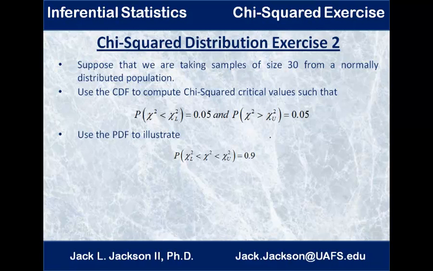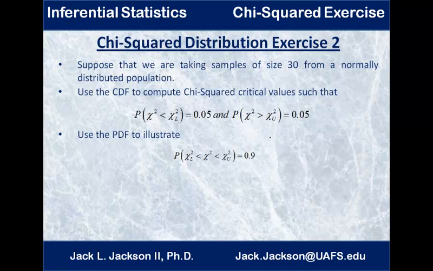Now, unlike the standard normal or t-distributions, we don't have 0 in the middle and this thing's symmetric. In fact, this graph's not really symmetric in any way. It's skewed to the right. So we can't just, for example, find the lower and then take the opposite sign for the upper like we could in, say, the standard normal or t-distribution. A little bit more complicated, but we can still compute these values.